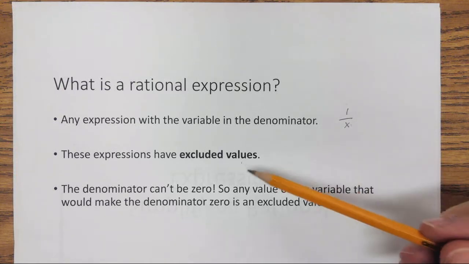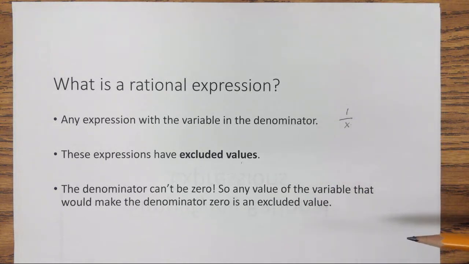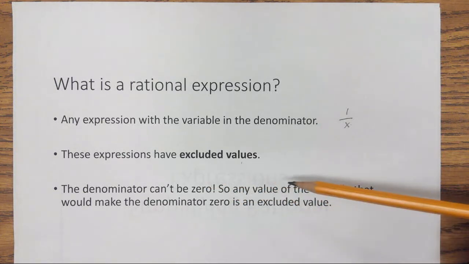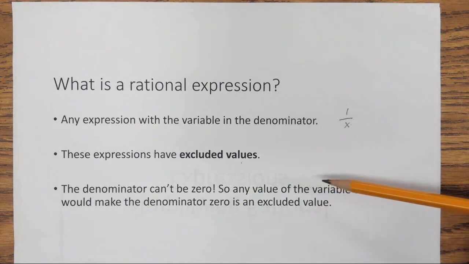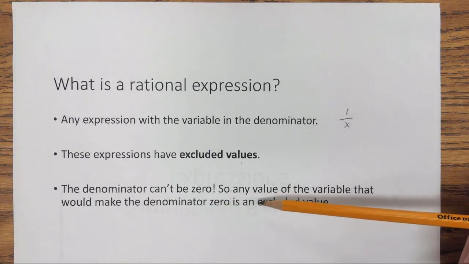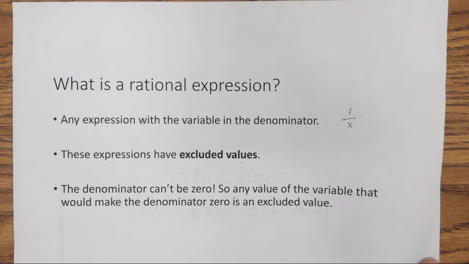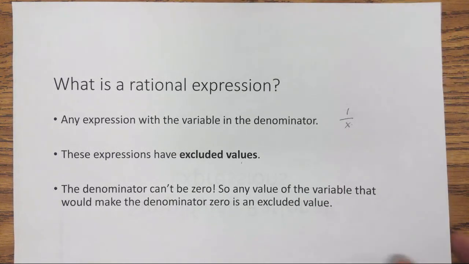So it's kind of like the excluded values are values that are removed outside of the domain. So in other words, the denominator can't be 0, so any value of the variable that would make the denominator 0 is called an excluded value. So that's what a rational expression is.